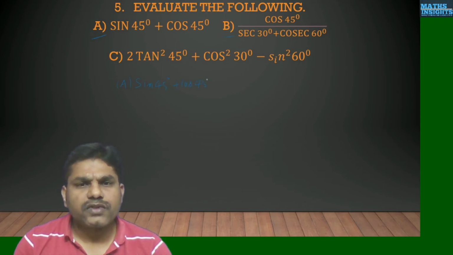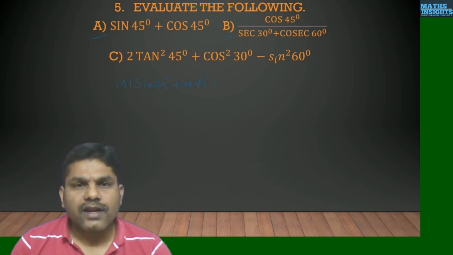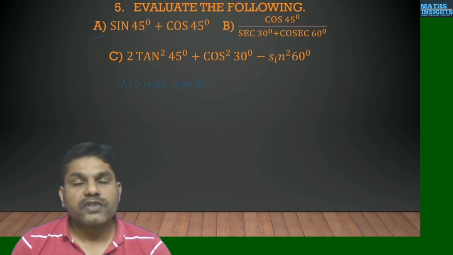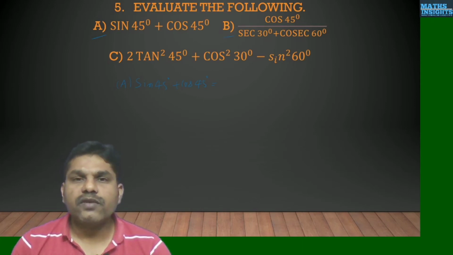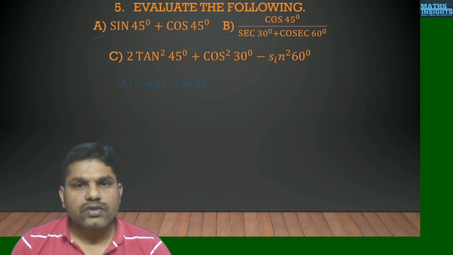These problems are useful to recollect the values of trigonometric ratios for specific angles. Why? Because if you don't know those values, you cannot go further. My dear students, please go through the table again and again. Then it will become very easy for you to solve the problems.